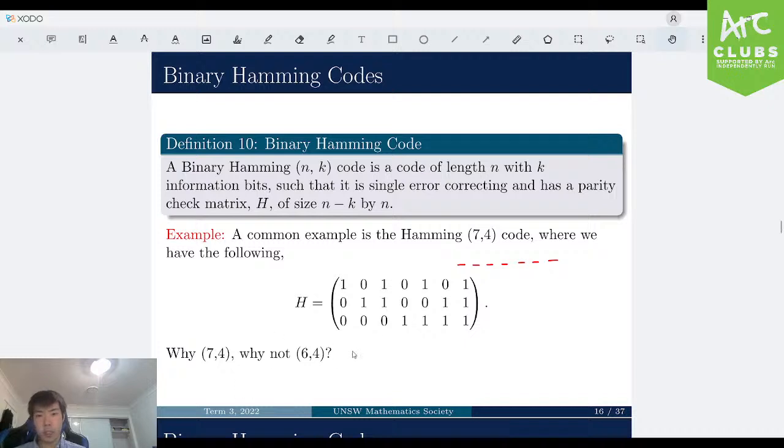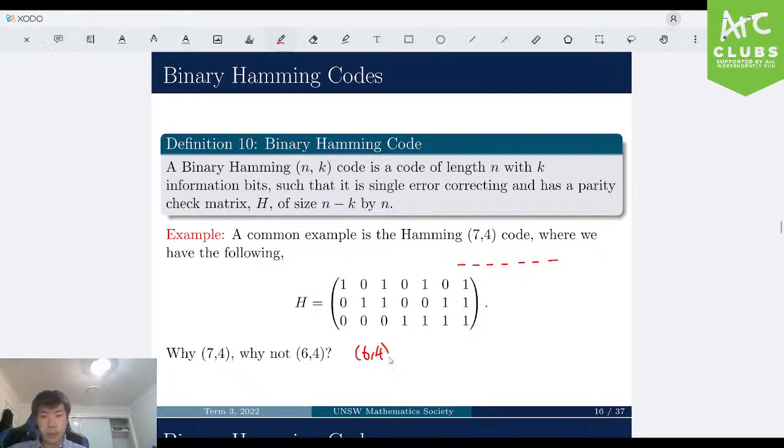So I'll answer here. 6-4 is not impossible.